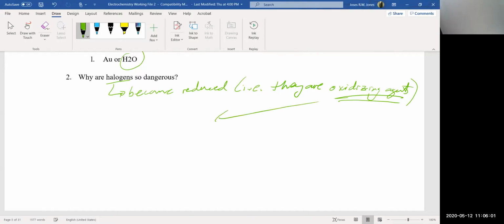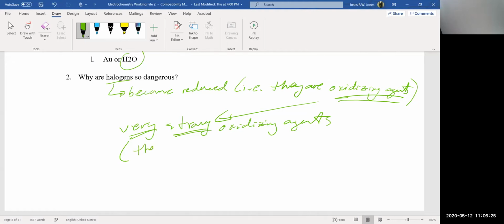And in fact, they are very strong oxidizing agents. How do you know? Well, you know because they become reduced very easily. They have relatively high to very high reduction potentials.